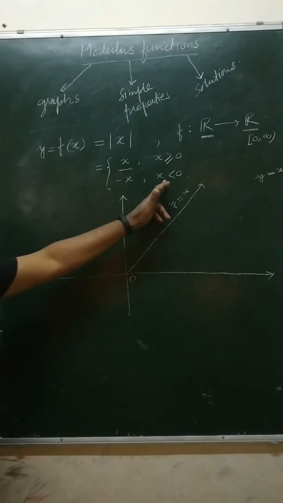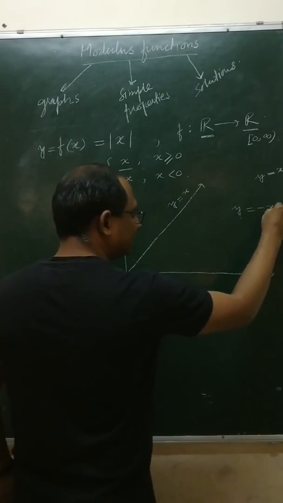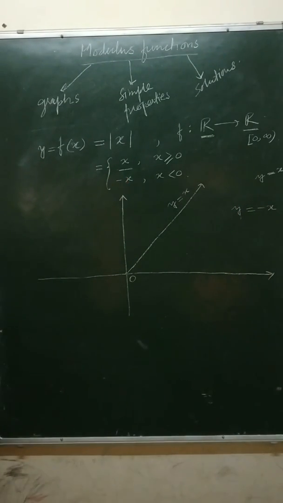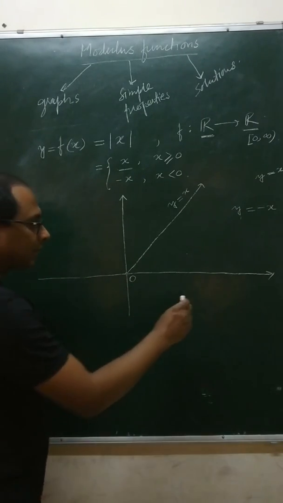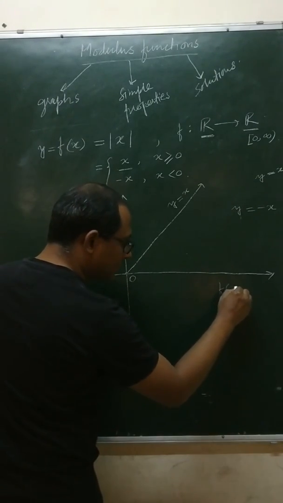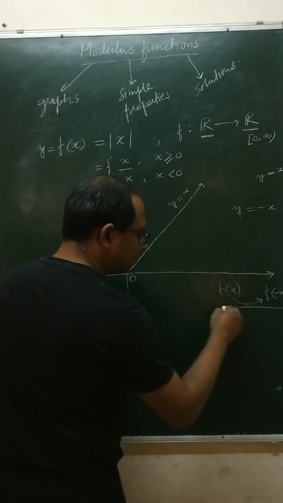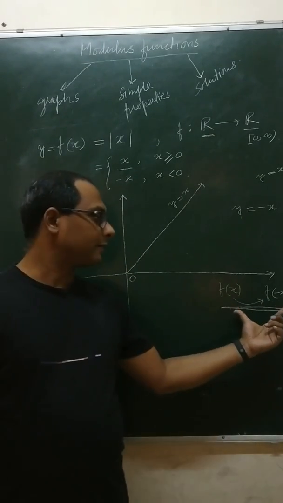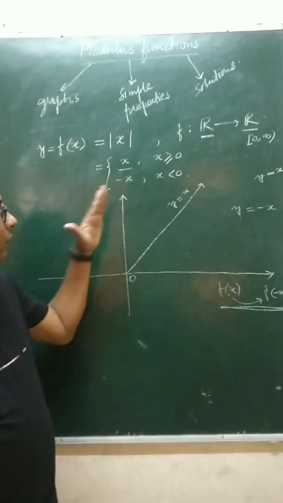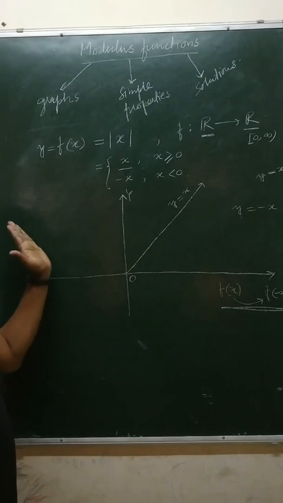Now for the negative numbers, we are going to draw y equal to minus x. So here comes the graphical transformation. Of course, otherwise also it can be drawn, but I want to bring that concept in together here. I'm going to use the transformation f(x) going to f(minus x). This graphical transformation works like this: for y equal to f(x), we take its reflection in the y-axis.